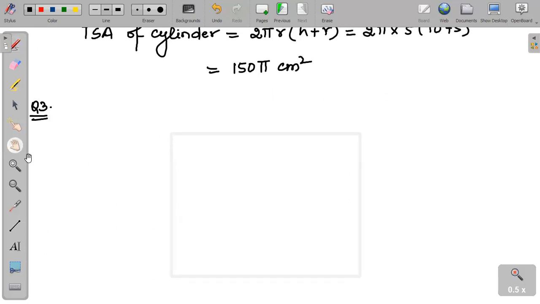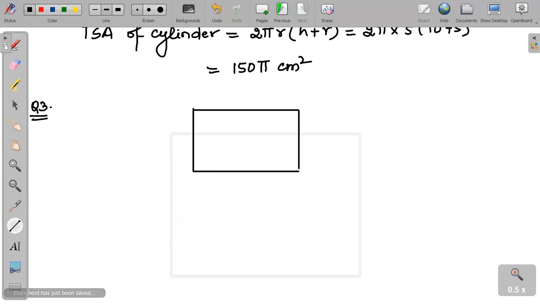Yes, let us draw it. That's not a big deal. Cuboid is quite easier to be drawn. We just have to draw few straight lines.